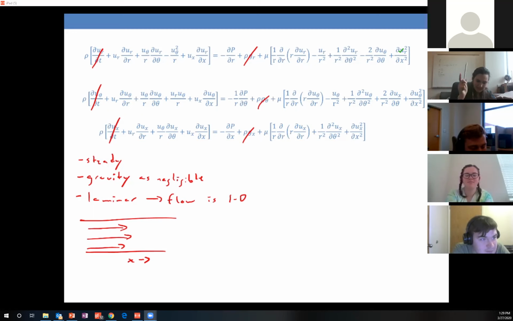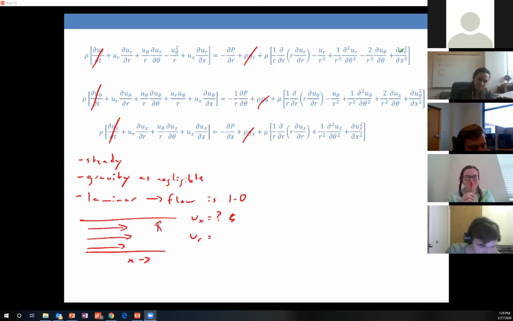What does that mean? That means that u sub x is equal to something. We don't know what it is. What about u sub r? That's the velocity in the r direction, like this. It's equal to 0.